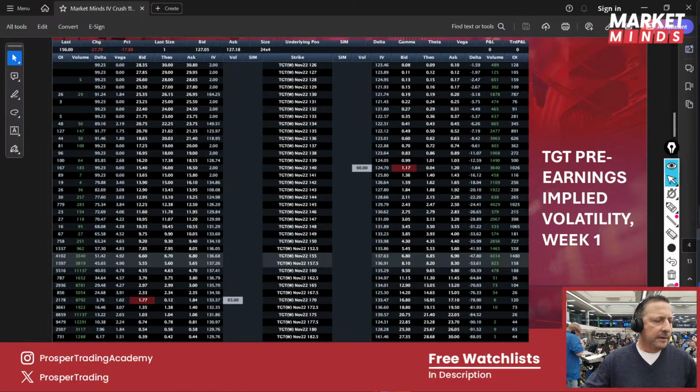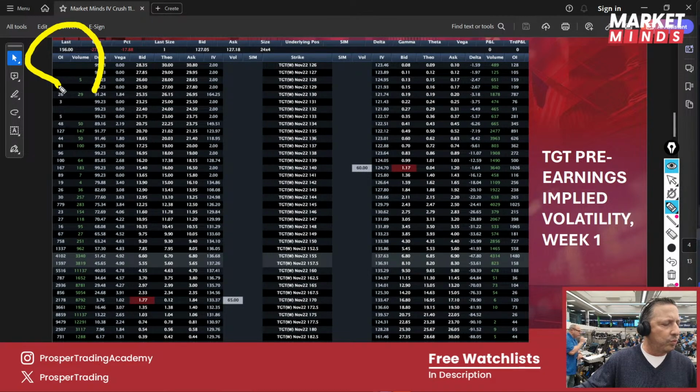Okay. Now, I'm going to use my cursor here. I know there's a lot of option strikes up on the board right now. This was Target yesterday at the close of the market, pre-earnings. So the stock closed yesterday right around 156.